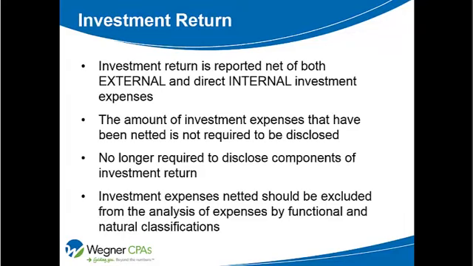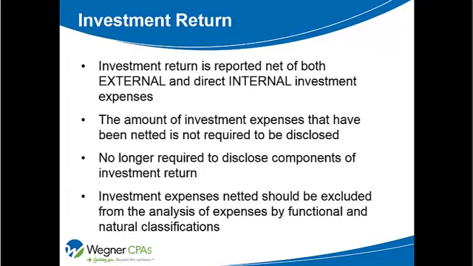The change really is the direct internal investment expenses. For most not-for-profits, you do not have a material amount of direct internal investment expenses, so you probably won't make a change relating to this part of the standard. However, if you are a bigger not-for-profit and you have a dedicated person or a part-time person who only deals with handling your investments, you may want to look at this more closely and net the expenses of that individual with your investment return.